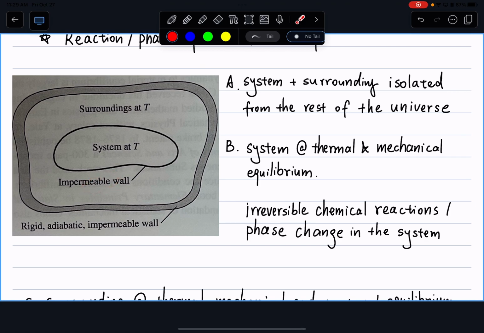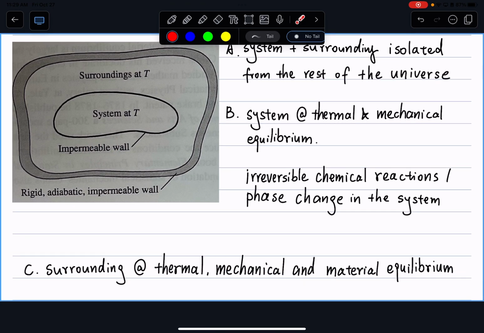Because of this impermeable wall, within the system you have thermal equilibrium and mechanical equilibrium, but you do not have material equilibrium. For the surrounding, you have thermal, mechanical, and material equilibrium. So your surrounding is at thermodynamic equilibrium, but your system is not. Okay, with me so far?